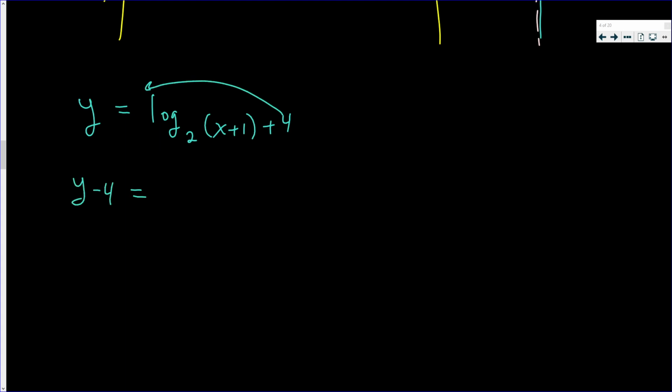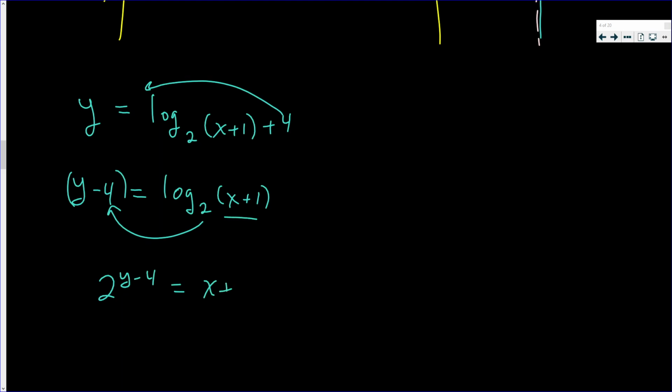Y minus 4 is log base 2 of x plus 1. Now we can say 2 to the y minus 4 is x plus 1. And the vertex is, well, what makes that 0? X being negative 1. What makes that 0? 4.